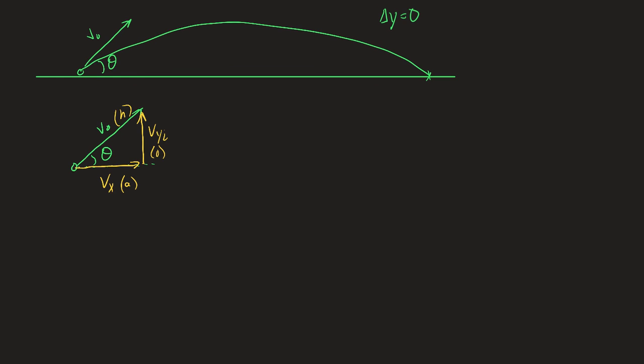I'm kind of done doing that though. So this one is V naught cosine theta, and this one is V naught sine theta. And you can probably count on this as long as the angle is measured relative to the horizontal. This will have to be true. If the angle's not measured from the horizontal, you're going to have to do better.